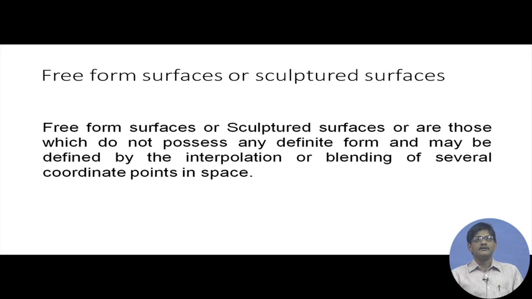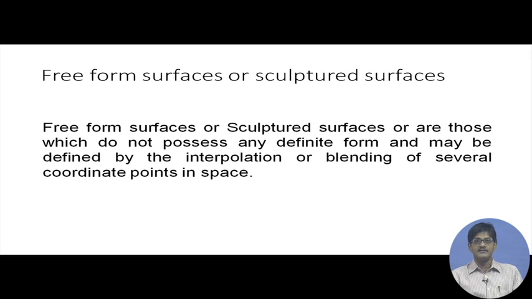So, for that, some free form surface modeling methods are present. What is a free form surface? A free form surface does not possess any definite form, and it may be defined by the interpolation or blending of several coordinate points in space.